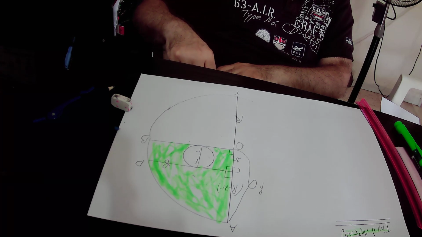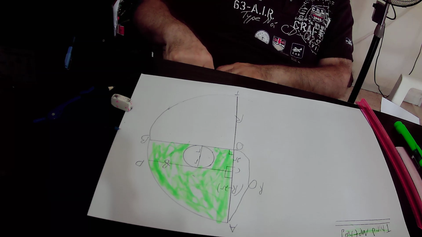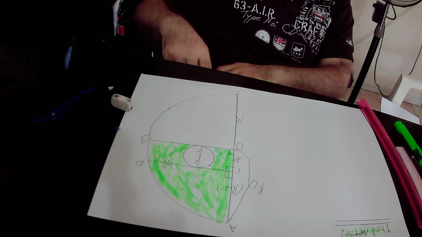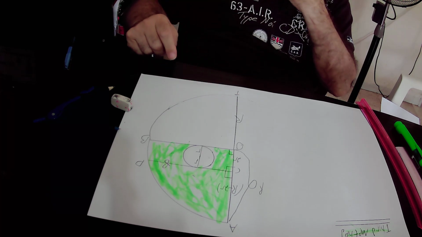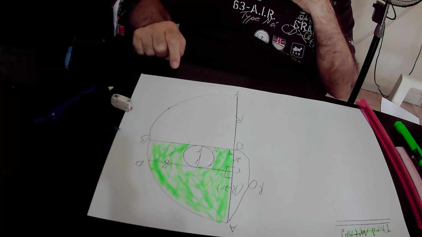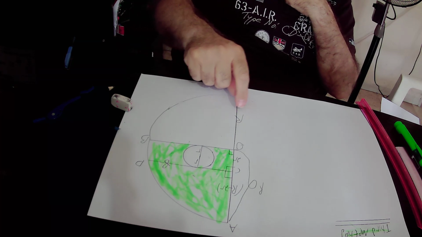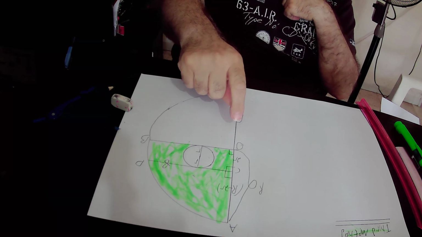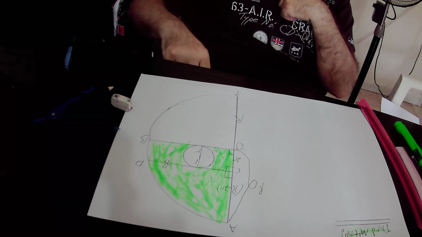As a straight line, it is actually a chord. We have chord AT in this semicircle that is equal to 2 times capital R and passes through the center of the semicircle.